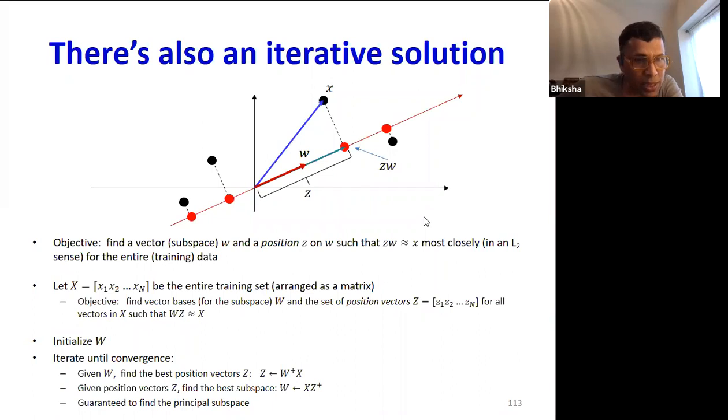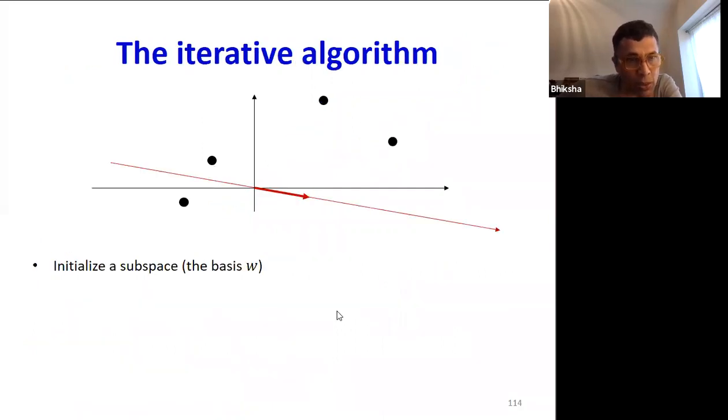But then there is also an iterative solution. Let me skip the math. Here's what I can do. I can initialize my guess for the subspace, which is basically initializing the bases within the subspace, and that's maybe this red line.